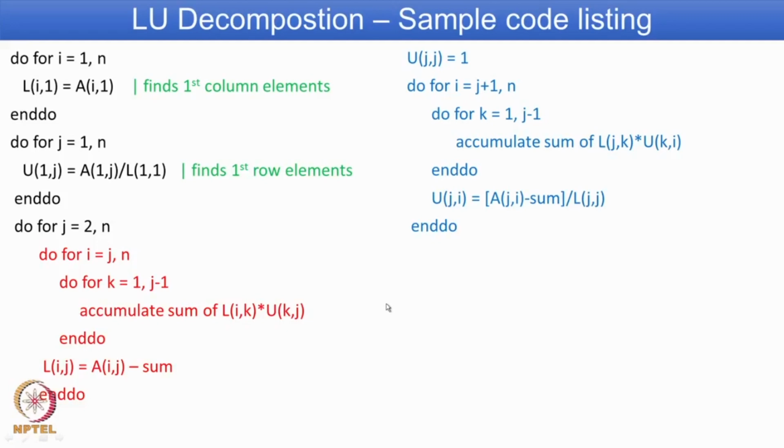What is shown here is not an actual program; it is only a skeleton of what can go in the code meant for finding the LU decomposition. Any language can be used; what is shown here is based on the Fortran coding language.